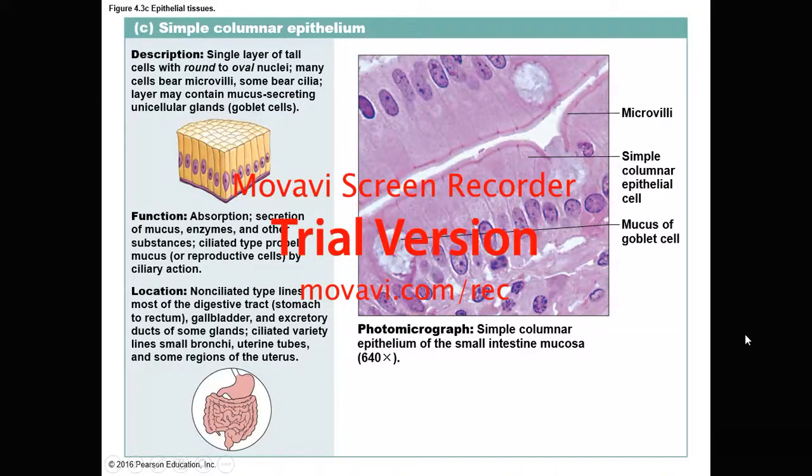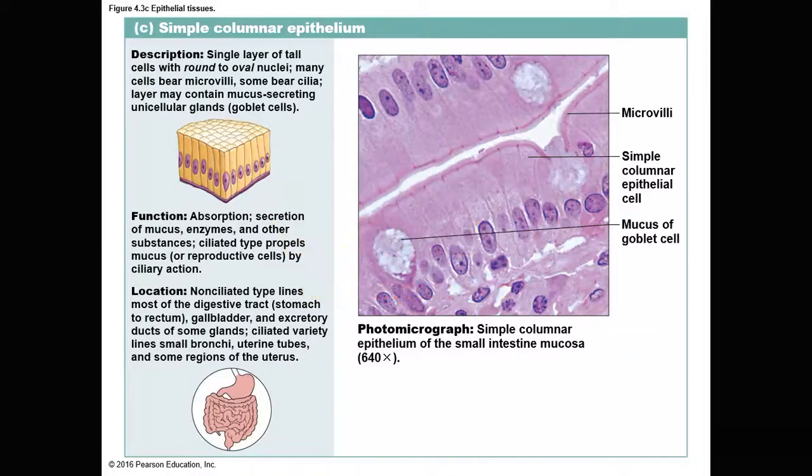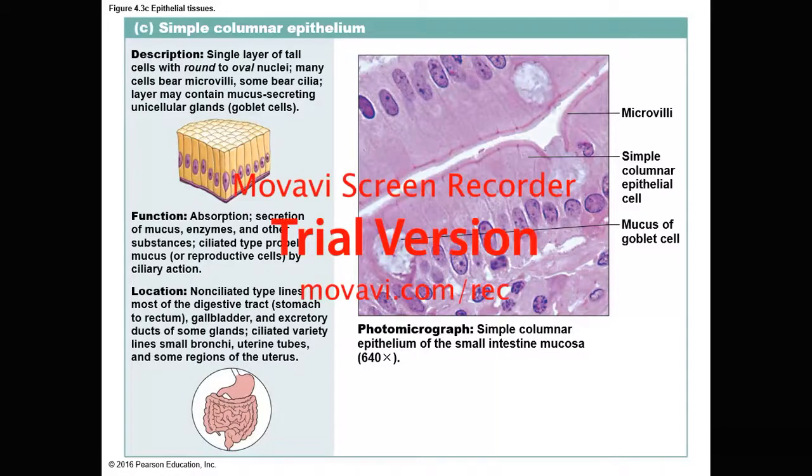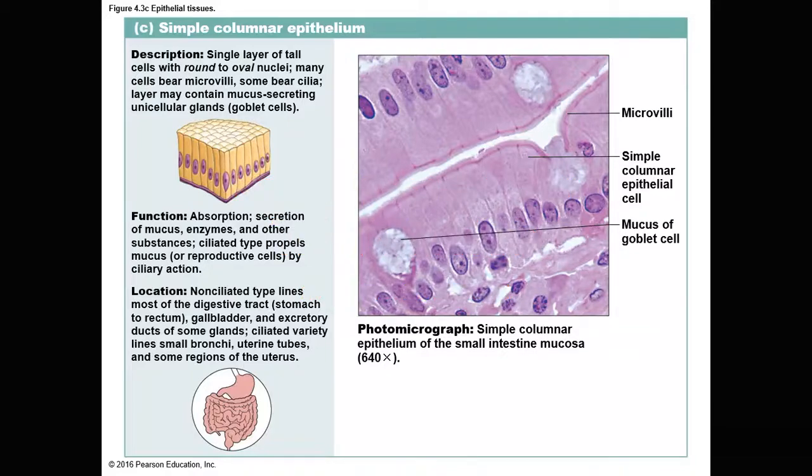So here is a slide of simple columnar epithelium. Simple means it's a single layer. Columnar tells you the shape: tall cells with round to oval nuclei. Many cells bear microvilli, and the microvilli are on the apical, the top part of the cell.